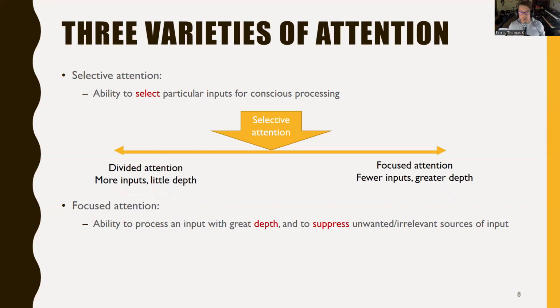Focused attention is about the ability to deeply process something and not just at a shallow, surface level. Key to focused attention is suppression. If I'm more accepting of a divided attentional state, I'm much less prepared to say that a new incoming stimulus is relevant and I'm going to give some attentional resources to process it, versus I'm going to shut it out and ignore it.